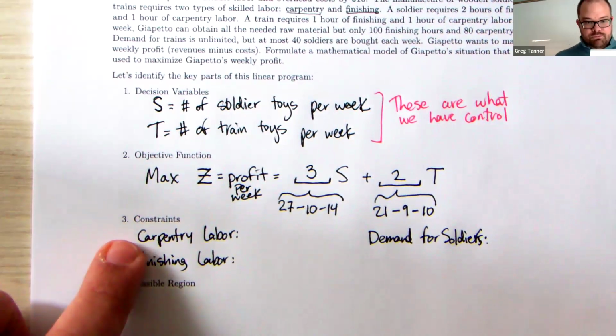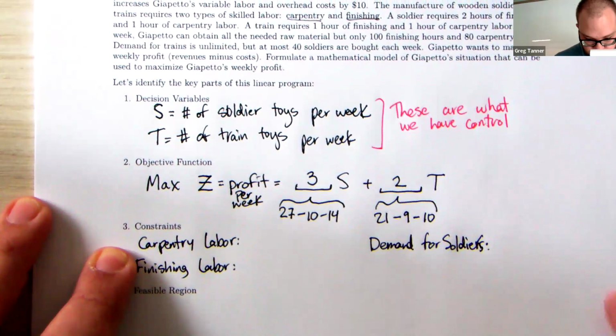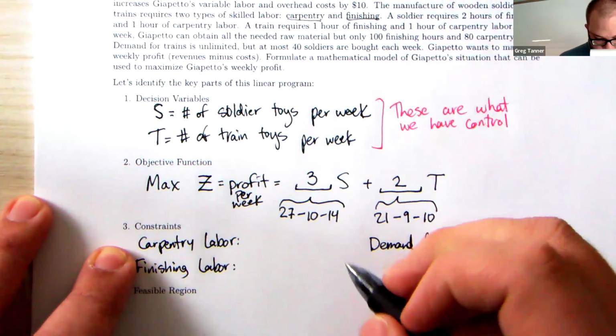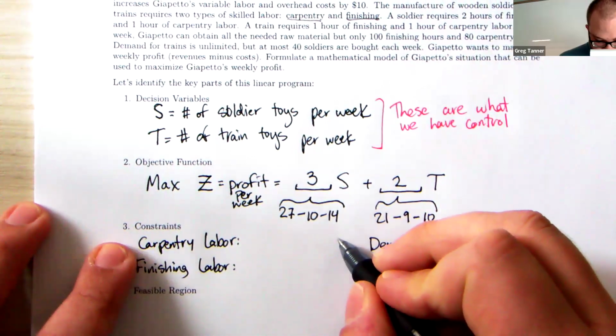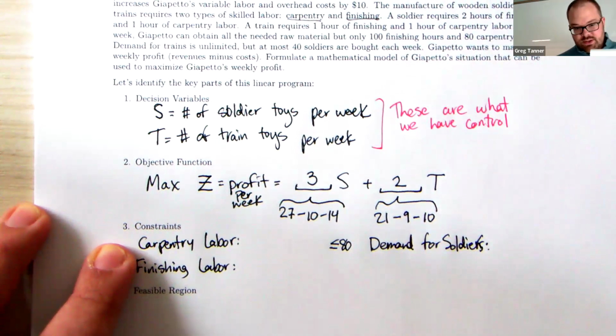So let's talk about each of these. For carpentry labor, we have a total of 80 carpentry hours. So the carpentry hours used has to be less than or equal to 80. That's our upper limit, but what uses up carpentry?